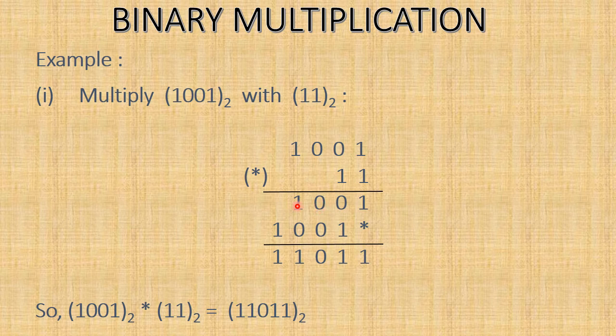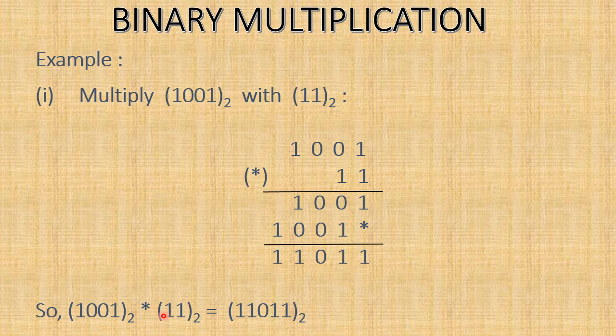One is 1001 and another binary number is 11. First we will write these two numbers, 1001 multiplied by 11. First we will multiply with the first digit 1. So 1 into 1 is 1, 1 into 0 is 0, 1 into 0 is 0, and 1 into 1 is 1.